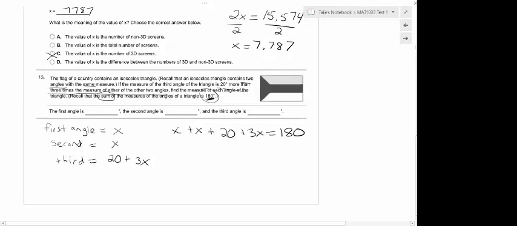So what is X plus 3X? If we combine like terms here, what do you get? 5x. Good.